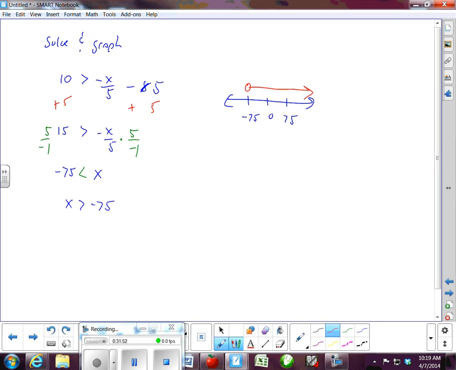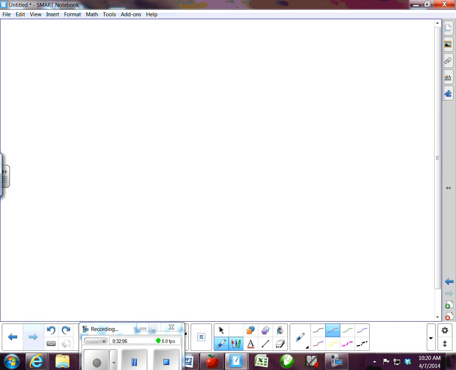With all this come conjunctions and disjunctions, and absolute value inequalities. Hopefully you remember that a conjunction is joined by the word and, where the solution is the intersection of the two inequalities.